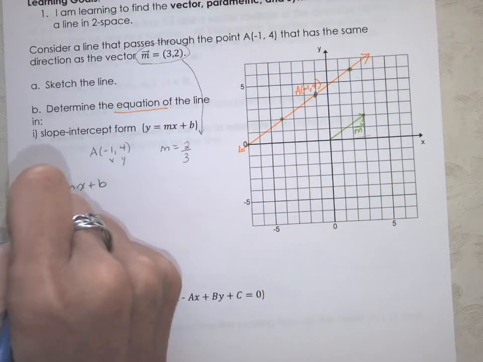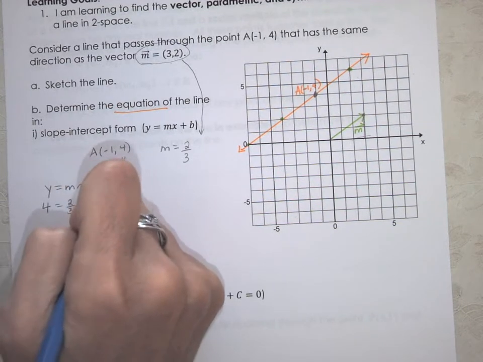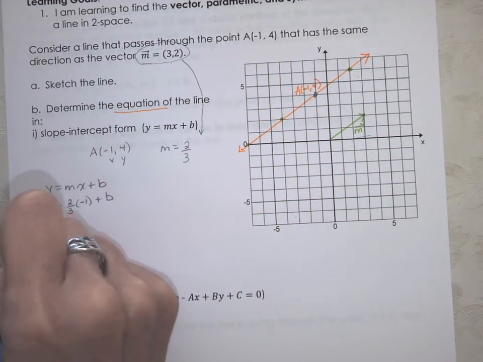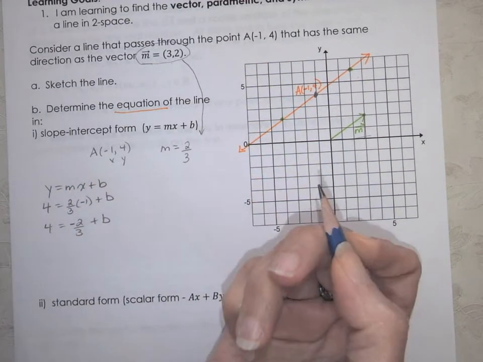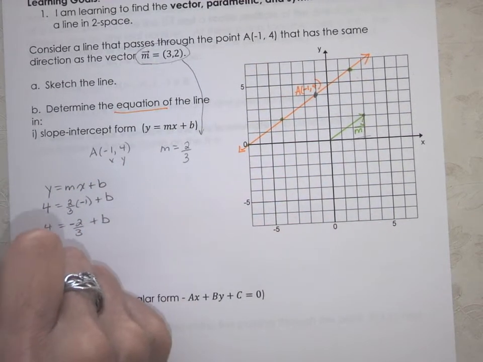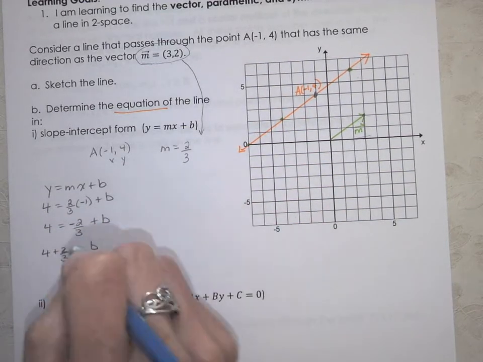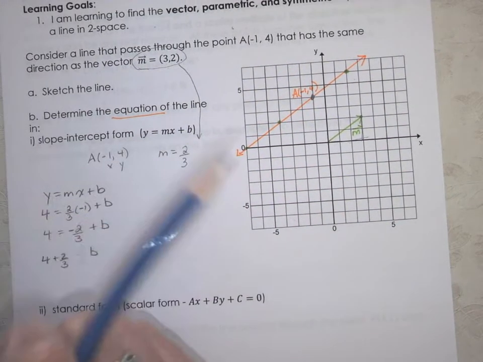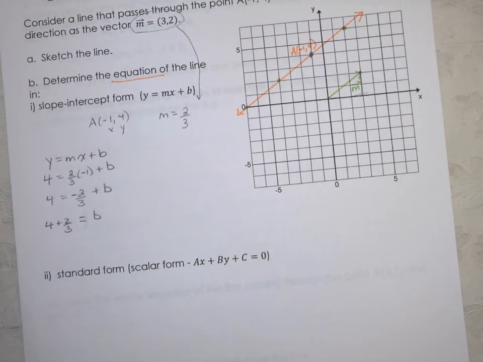So 4 = 2/3 times -1 + b. Add 2/3 to both sides to get b by itself. Oops, you need a common denominator to add fractions.